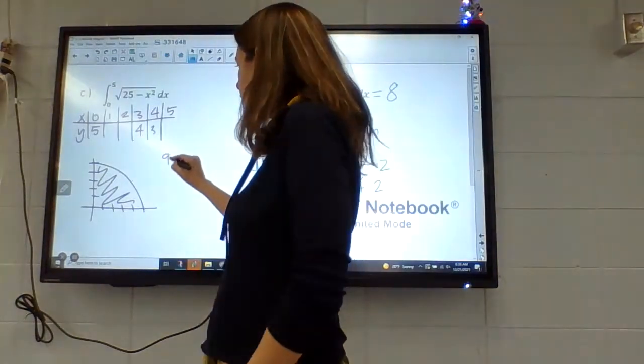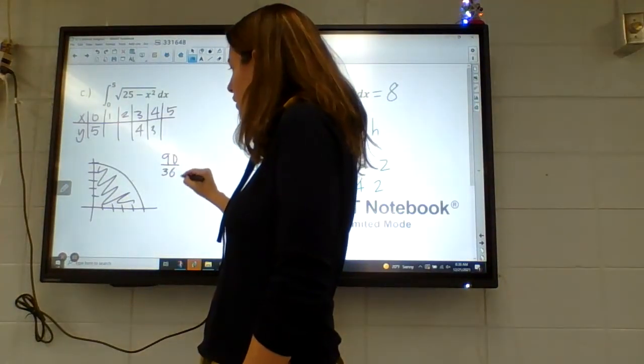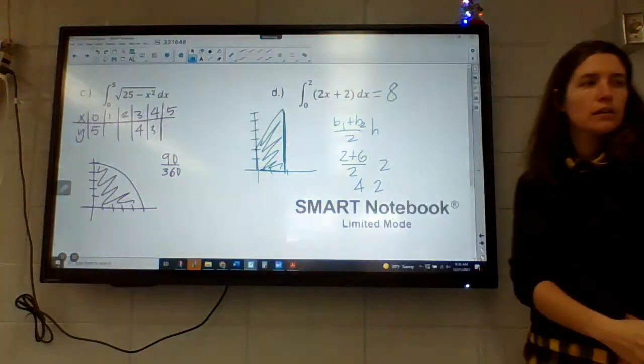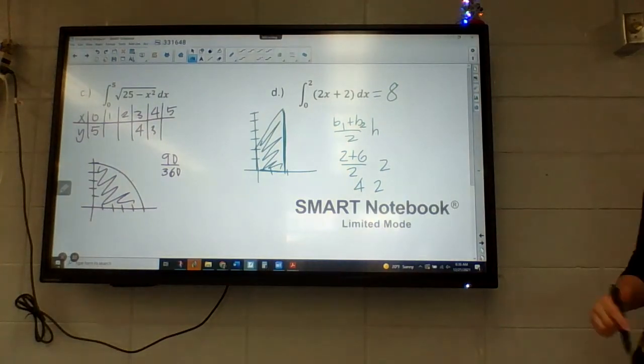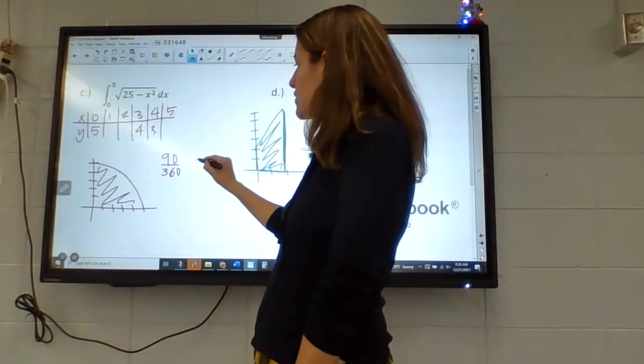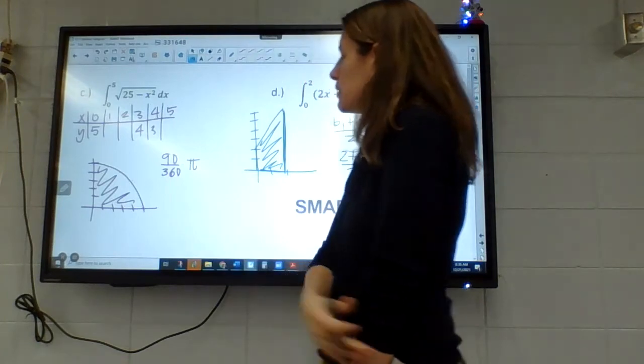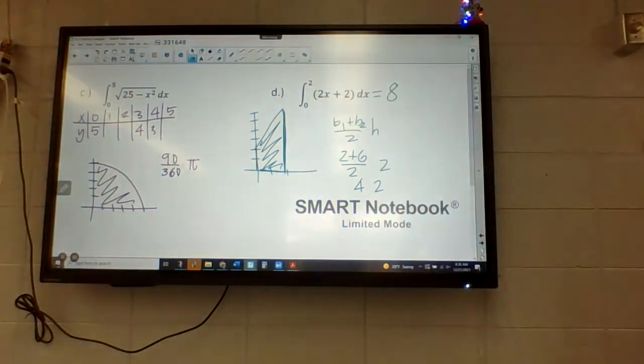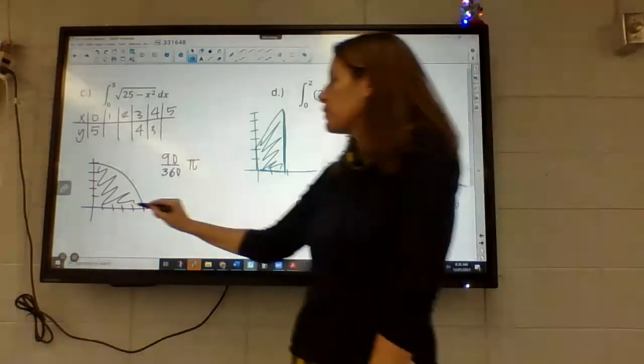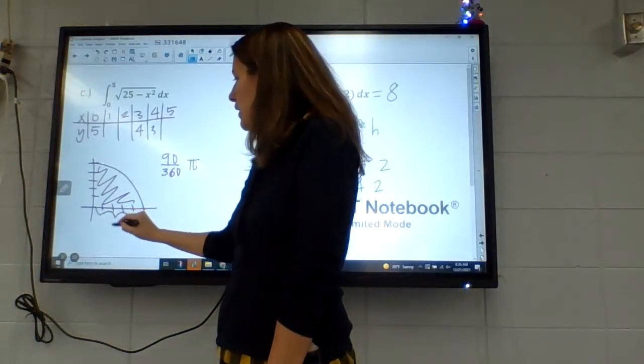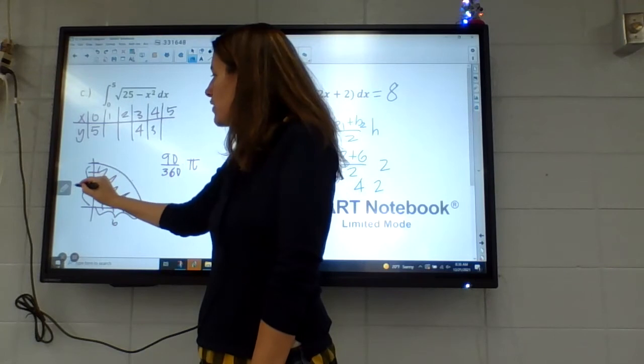So 90 out of 360, this is a quarter of a circle, times pi r squared. Do we know what r is? r is 5, because the radius here goes out 5 in each direction.